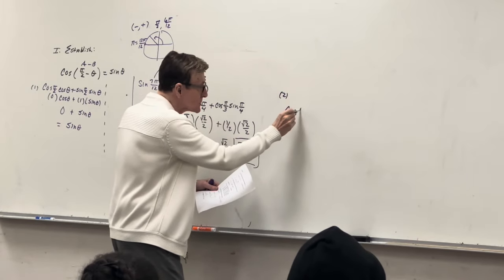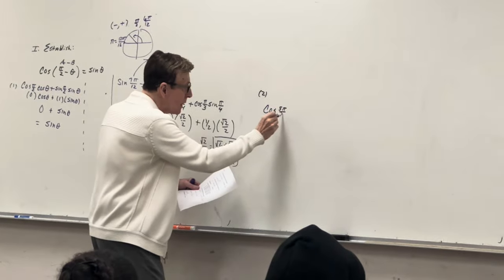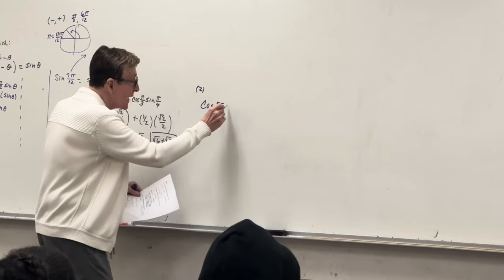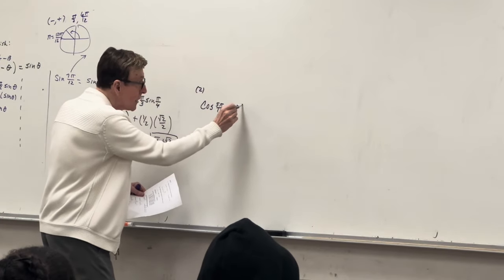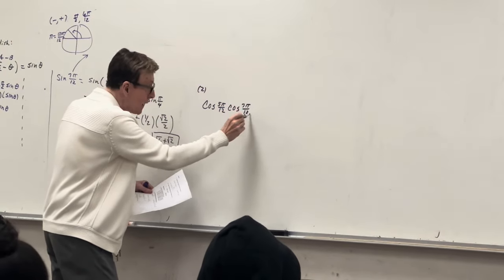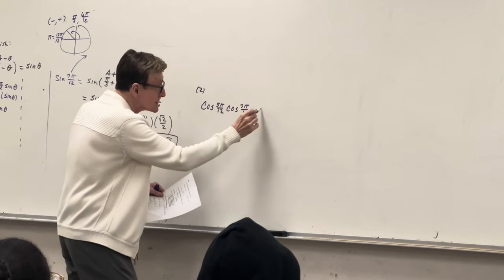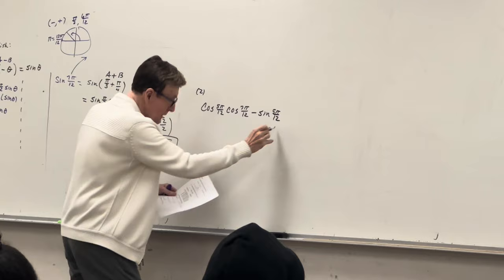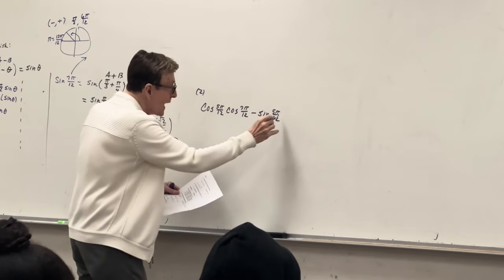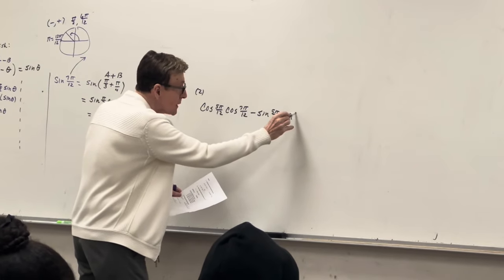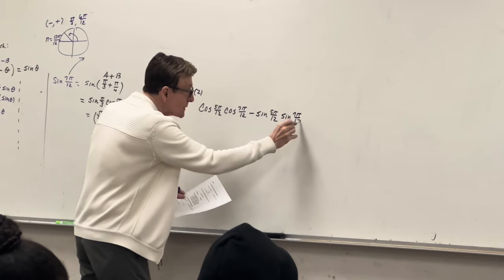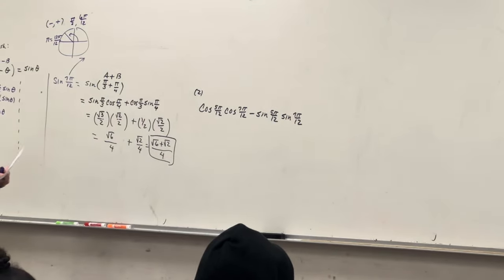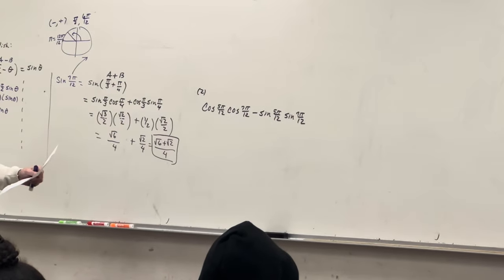Cosine 5 pi over 12 times cosine 7 pi over 12 subtract sine 5 pi over 12. Make sure I get all this copied down correctly so we can get through it. Sine of 7 pi over 12. Let me step back and look at it. Looks good, I think.